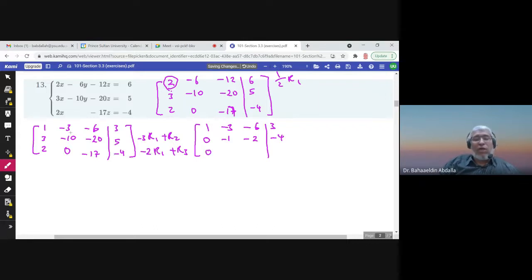Negative 2 times negative 3, 12 plus negative 17. Negative 6 and minus 4 is negative 10. Now I need this number to be 1. So just negative R2.